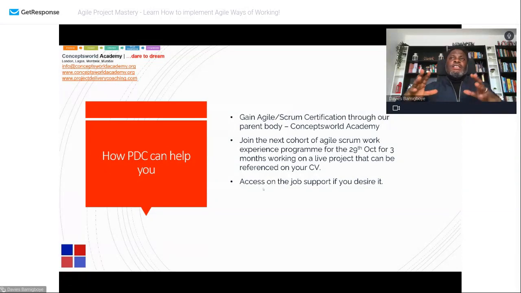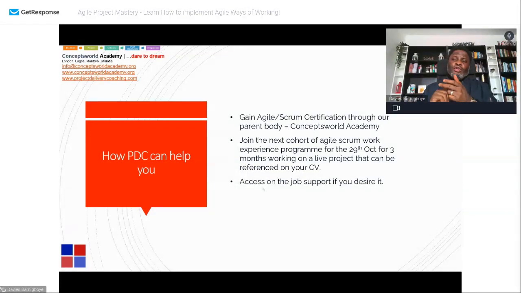And the third thing is on the job support, right? So you might have, for example, certification, you might have just gotten a job, but maybe you're struggling on how to make Agile work. Then you can get on the job support, kind of mentoring that will mentor you along the way.